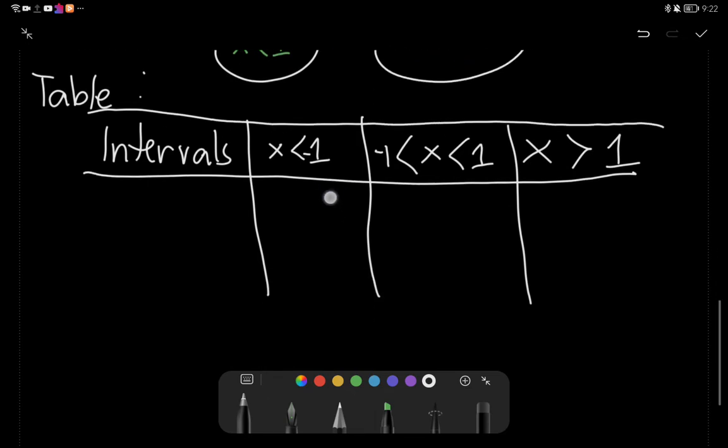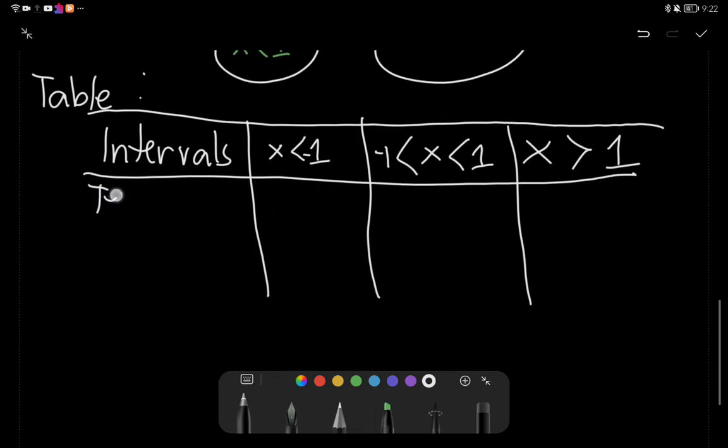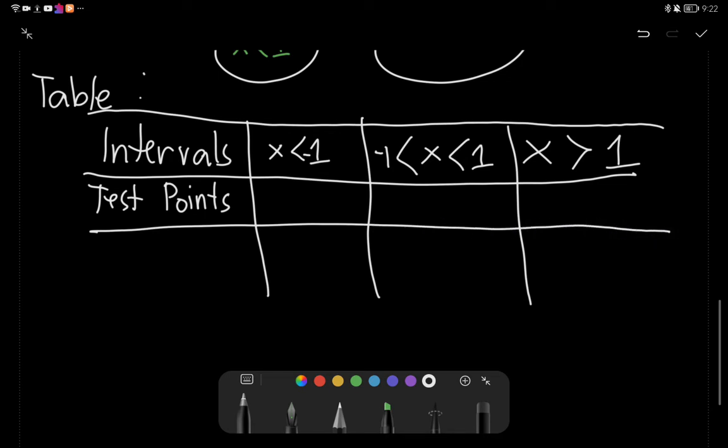Now let's continue. Let's select test points. Now we are going to assign a number that satisfies the intervals. What number is less than negative 1? So that is negative 2.